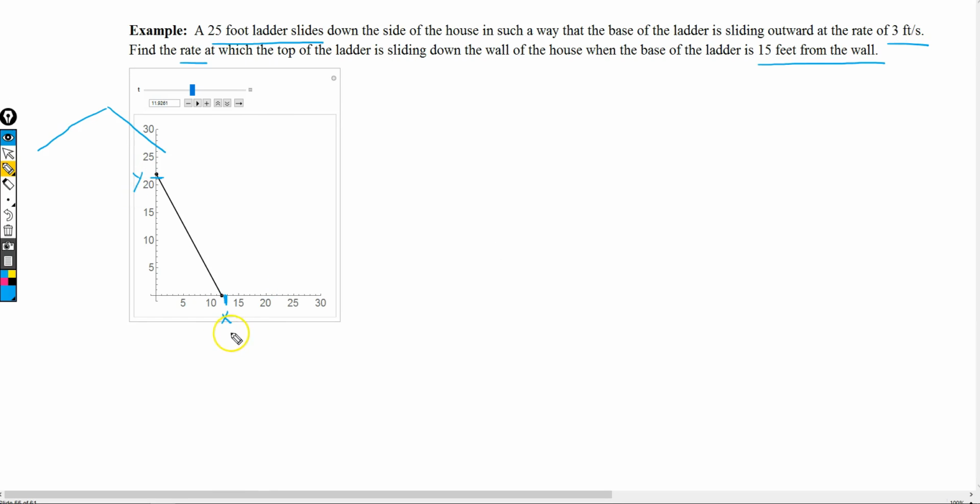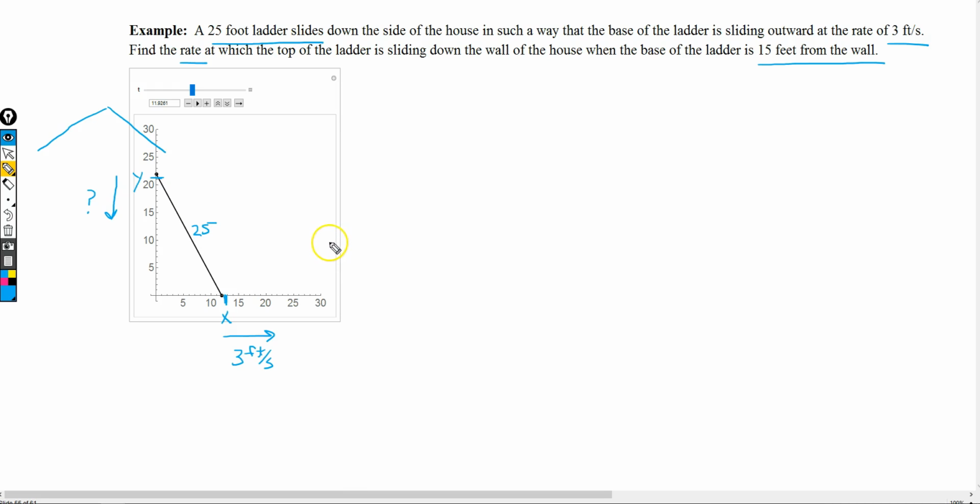Now we're given that this point x is moving outward, so x is changing at the rate of 3 feet per second. And we want to find how fast y is changing, or how fast this point is moving down the side of the house. So that's what we need to find right there. All right, and let's see, what else do we have to label? Oh, well, the ladder is 25 feet long, so we could label that as 25 right there.